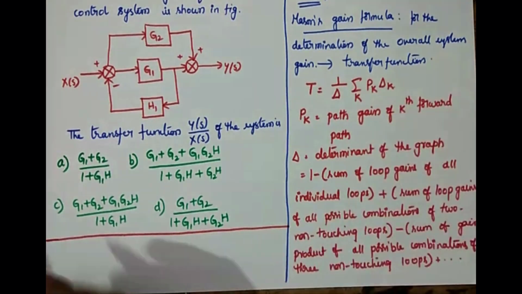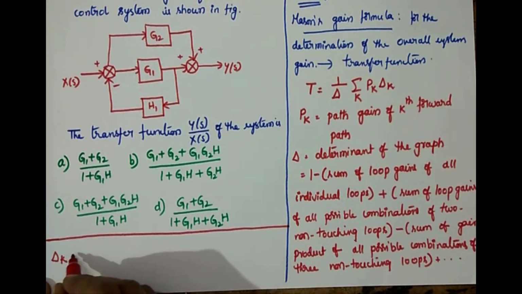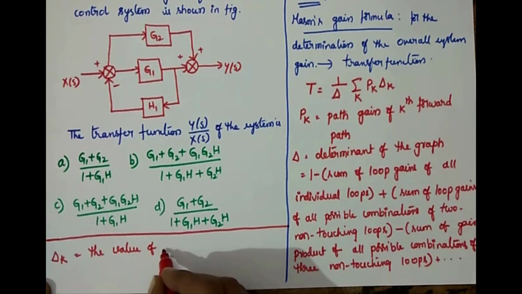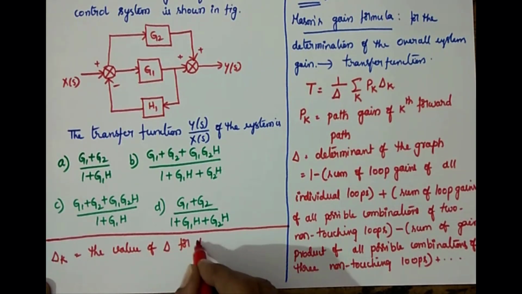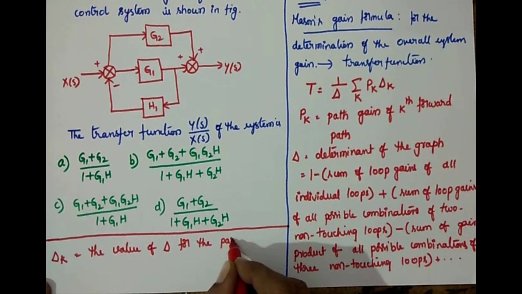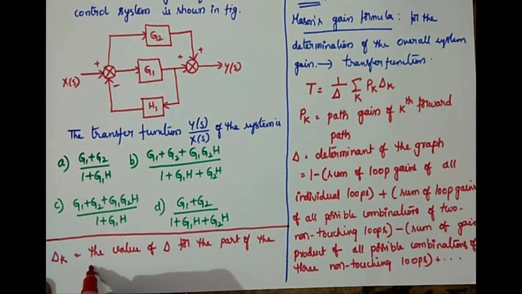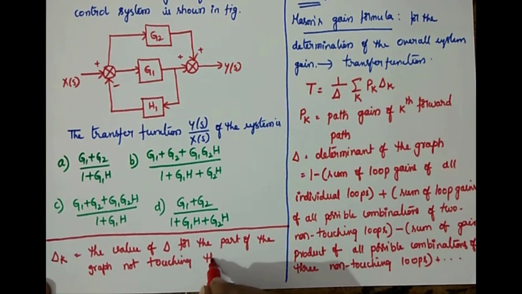And what is here the term delta k? Delta k is the value of delta for the part of the graph not touching the kth forward path.